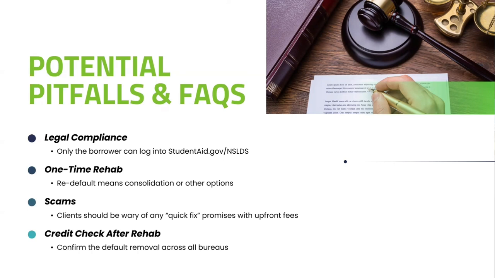So that's another question you have to ask them if they've defaulted. What they can do though is the 3-month consolidation. They can do that to get it out of default at that point, but they're not eligible for the rehabilitation. Because that's a special program that's just so good because they do remove the derogatory information. So it's a real bonus for them to be able to do it.